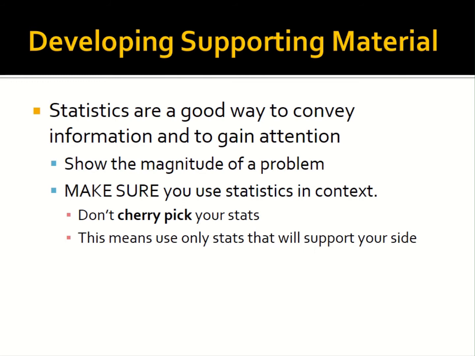To cherry pick simply means to only pick sources or statistics that are going to support your side, when there may be plenty of really good arguments to the opposing side, but to just dismiss them wholeheartedly is somewhat unethical. So you want to be careful about that. We'll talk more about that concept, the concept of talking about the opposition when we get into persuasion.